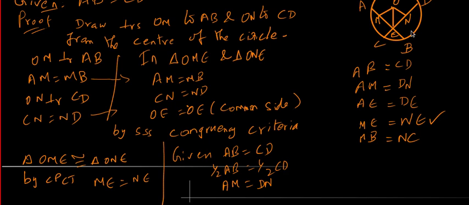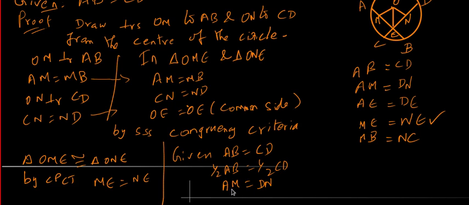If we take the second half, OM is a perpendicular bisector, so AM equal to BM and DN equal to CN. So AM equal to DN, half of AB equal to half of CD. Half of AB we consider AM, half of CD we consider DN.